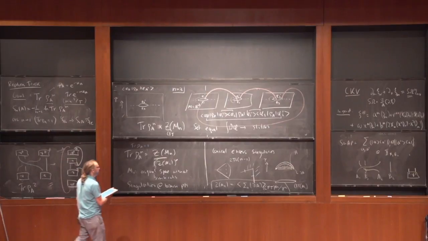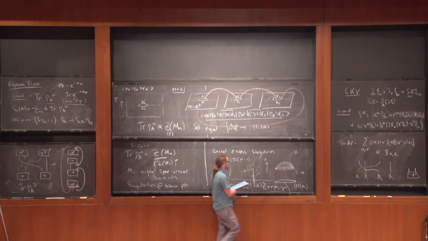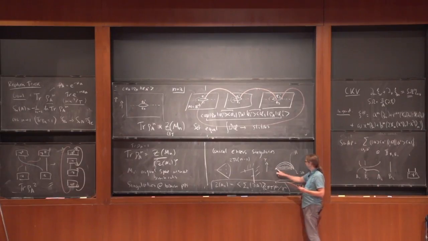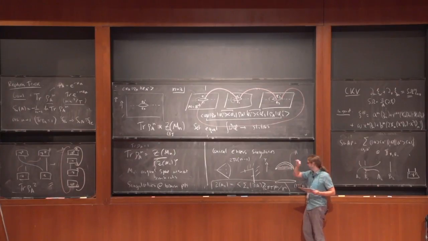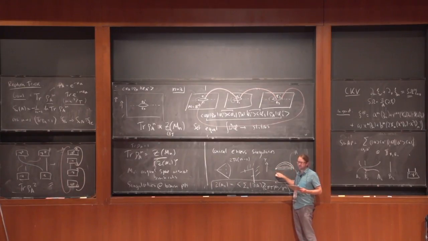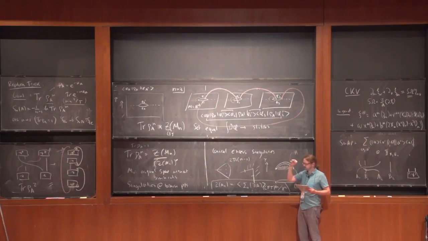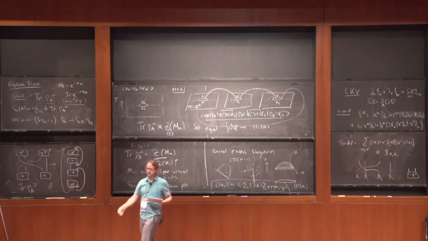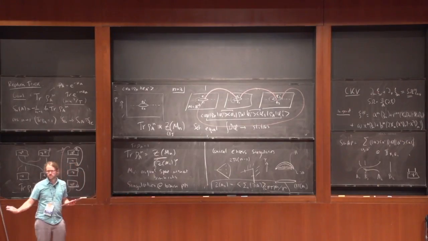Some regularization. As always, there's some issue at the point, so you have to do something at that point. That's the case for twist operators, and you have to regularize. You can take that as part of your prescription, as some more data you need to specify about these twist operators.